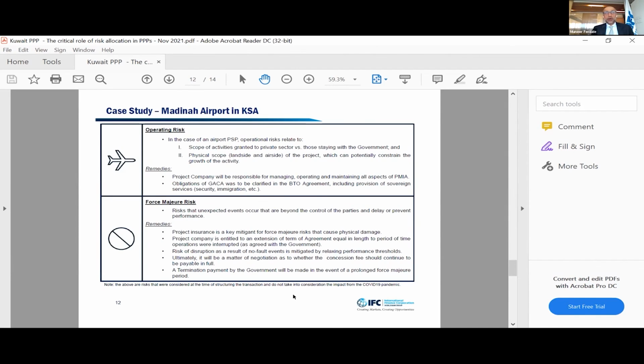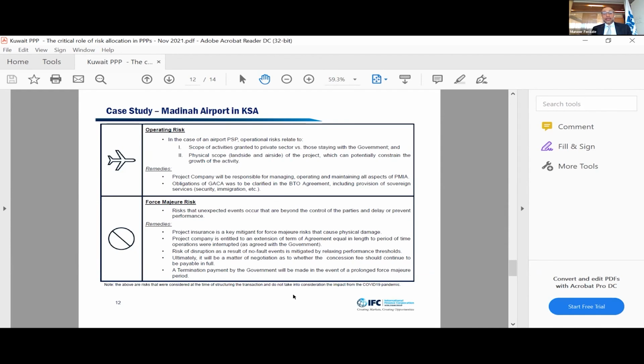There are some risks also which are non-insurable, and then the way we dealt with it was, if such a risk happens, we assess the impact of the risk, and then the concession agreement could be extended in length to allow for remedy of that as to be agreed with the government. And that is right now happening with the COVID-19 impact on the airport.